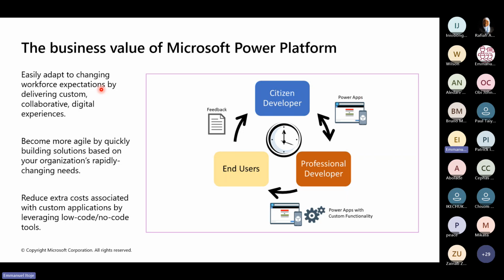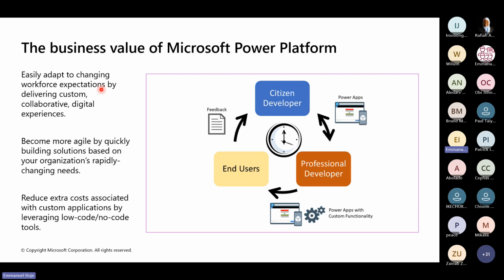And there's also a need to reduce the extra costs associated with custom applications by leveraging low code and no code. This has actually come to scale. Why? Because the needs of organizations are always changing. So to reduce cost, low code, no code is there.